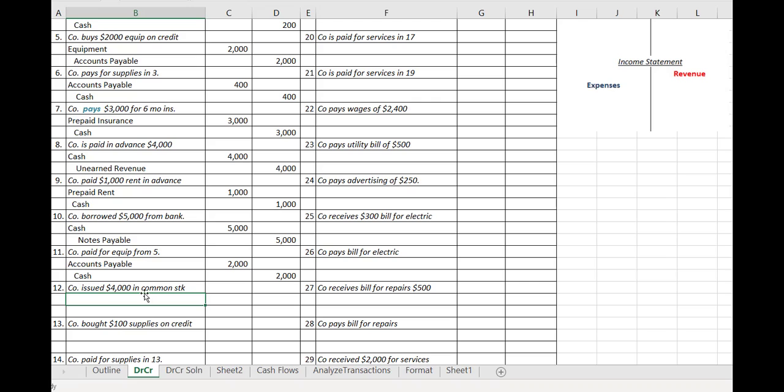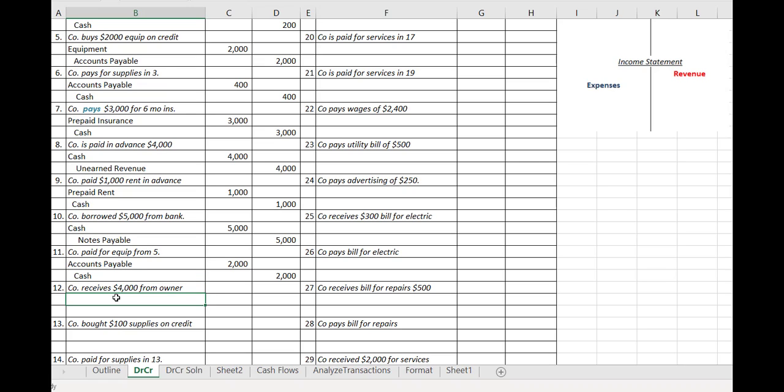And now we're going to issue, okay, $4,000 in common stock. Let's call that company receives $4,000 from owner. I think your sheet says that. And which way is cash going?